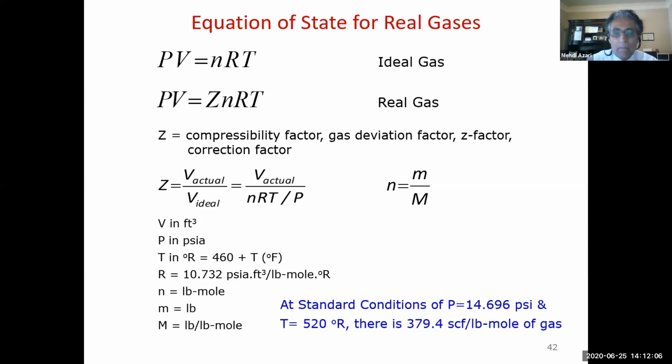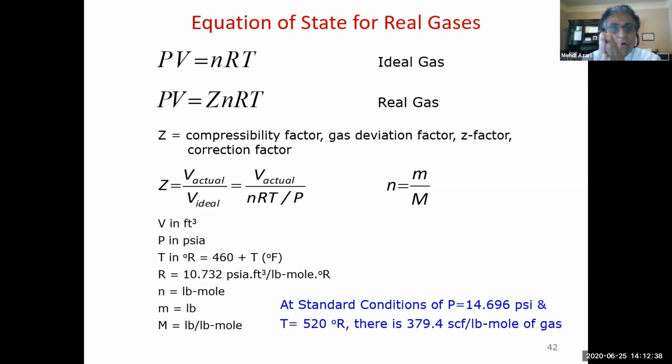16. So now if I put in the standard condition, where pressure is 14.696 psia and temperature is 520 degrees R, which is 60 degrees Fahrenheit, then you solve for volume, because I have P, this is 1, I have R, and this is 520. Volume is going to be 379.4. Approximately we use 380.